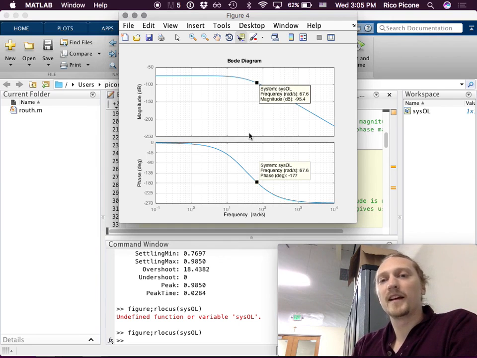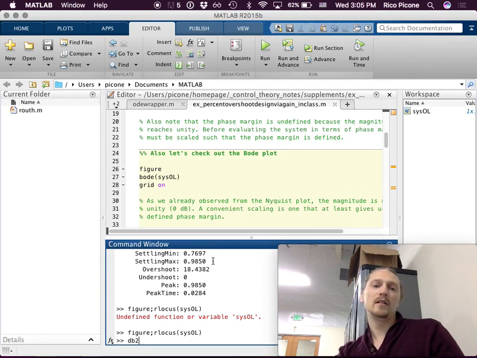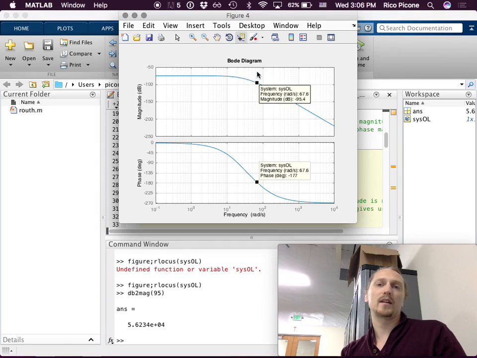That means that we can increase the dB. We can do like a 95 dB increase, but if we go more than that, we're going to be unstable. What is that in magnitude? What did I say, 95? So 56,000.